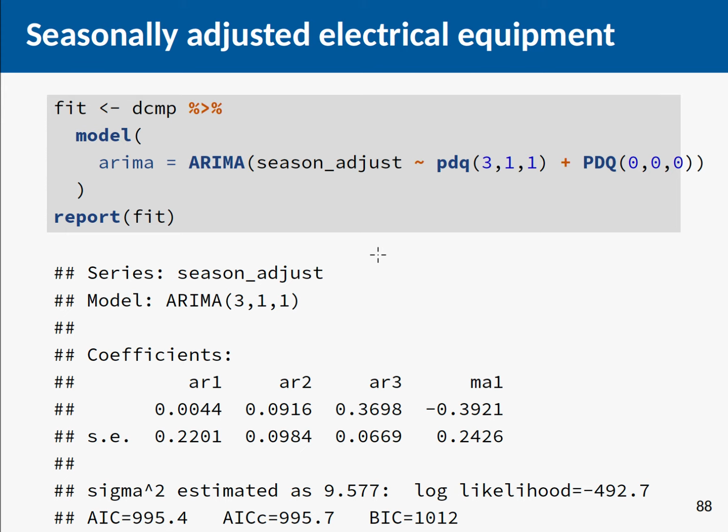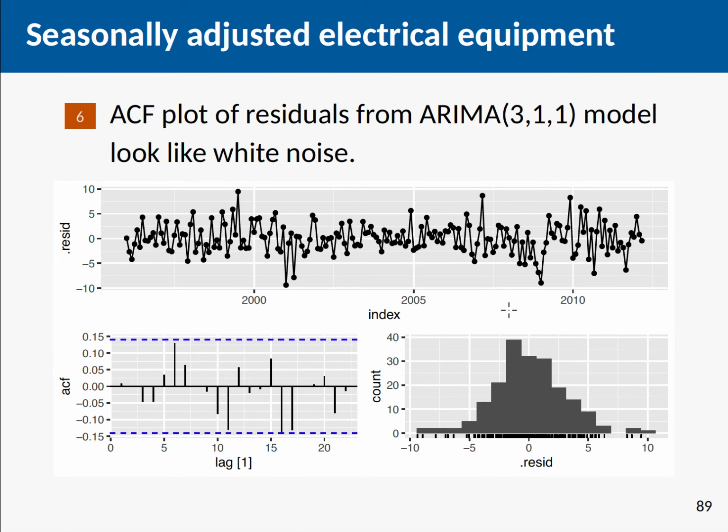And in this model, we are actually just restricting ourselves to the non-seasonal ARIMA models, okay, by saying PDQ is (0,0,0), which is the seasonal component. Okay, so there's no seasonal component here, and we are imposing the structure for the model. And then we can take a look at the residuals in the next step and see if they are actually white noise.